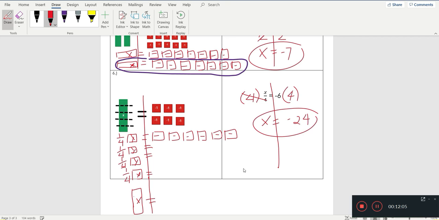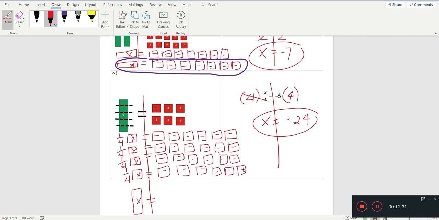So therefore I'm going to draw more: negative, negative, negative, negative, negative, and negative. I have the negative, the negative, the negative, even the negative, and the last one. So if I'm going to add all of this, the answer here is just negative 24.